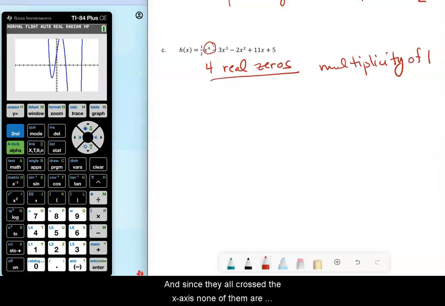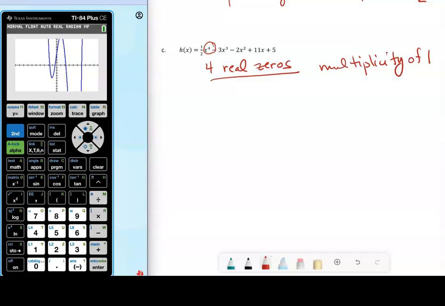And since they all cross the x-axis, none of them are bouncing off the x-axis, we know there's not an even multiplicity happening. And if we try to say one of the odd multiplicities was something like 3, there's no way it could happen, because we have 4 real zeros, and that's the maximum number of zeros that we can have for a 4th degree polynomial.